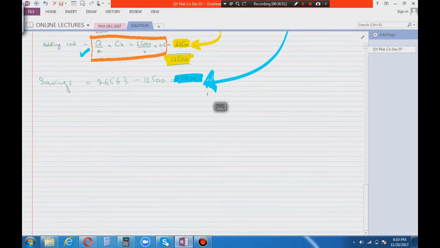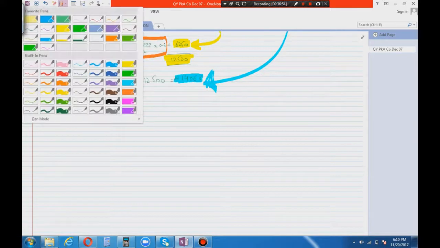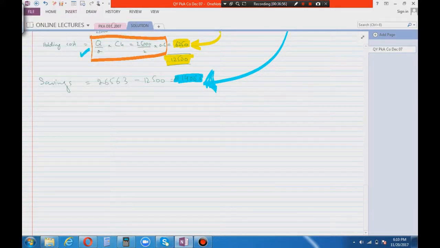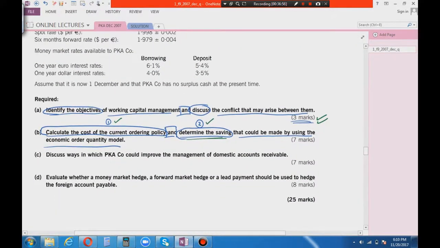Now, let's see the second part of the question, or the third part of the question, or part C, I should say actually. Discuss the ways in which PKA could improve management of domestic account receivable.